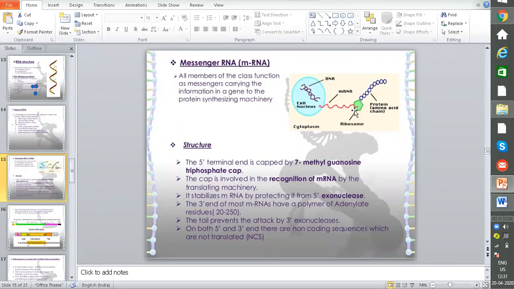That information will be given by mRNA. mRNA takes the information from the DNA which is present in the cell nucleus. This process is called transcription. That means the information is transcribed, copied in the form of mRNA, and the mRNA reaches the cytoplasm, especially the ribosome area, where this information will be useful for formation of protein.